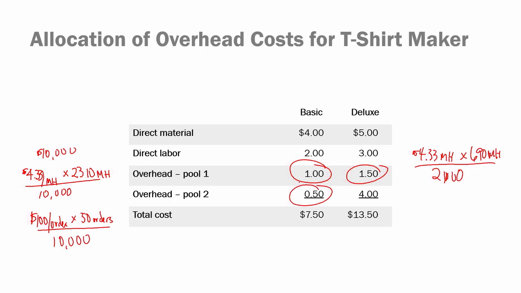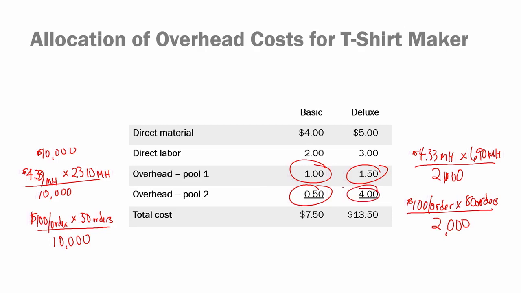And since deluxe t-shirts require 80 orders, we're going to allocate $100 per order times the 80 orders. There's 2,000 of those t-shirts, so that's $4 per shirt.